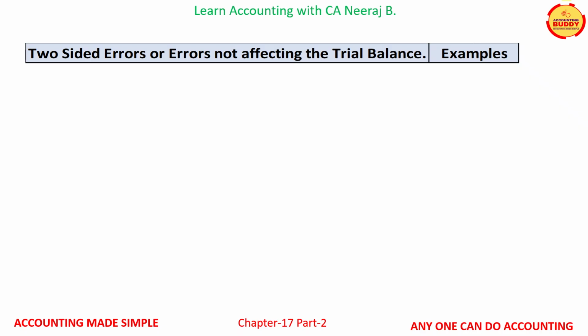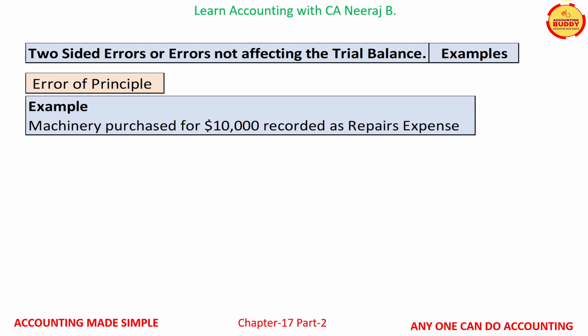Let us learn more about two-sided errors which do not affect the trial balance with examples. Error of principle is a two-sided error. For example, a machinery purchase for $10,000 recorded as repair expenses by the accountant. This is an error of accounting principle, as instead of debiting the machinery asset account, it is charged to a nominal expense account.